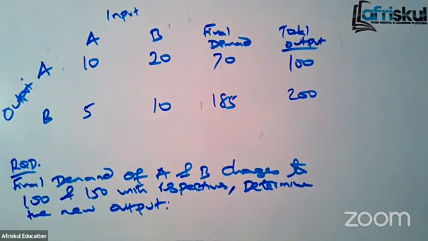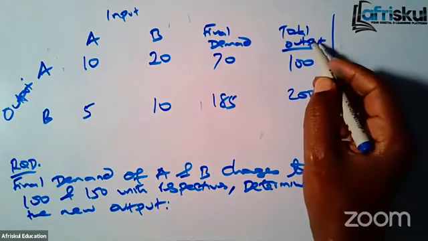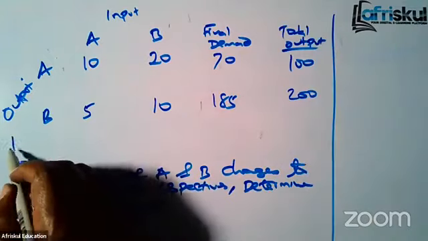I would want us to start with a 2x2 matrix first, so that we can acclimatize ourselves with what happens in this model called the input-output model. If I'm given this kind of question, even before I remember the model, there is the fundamental principle of input-output: the total output must always be equal to the total input.